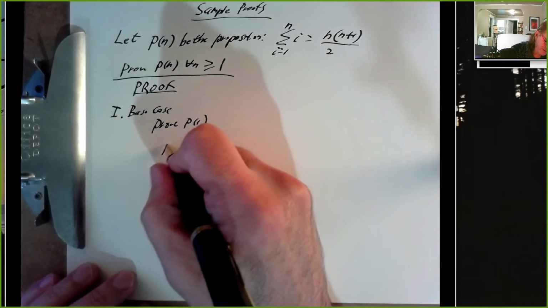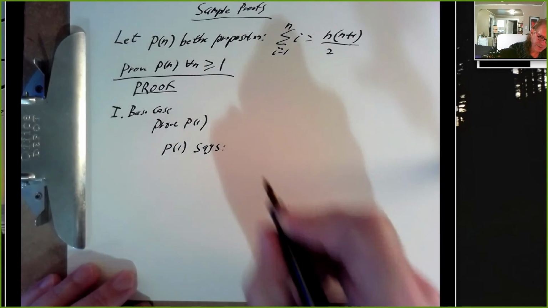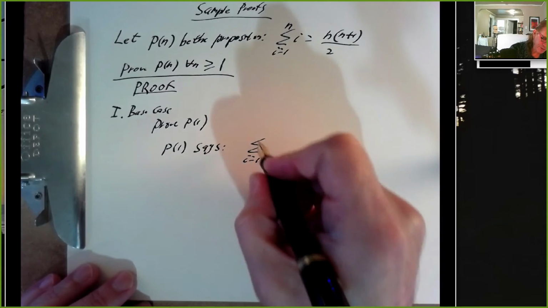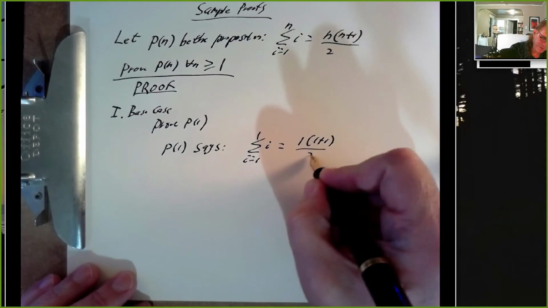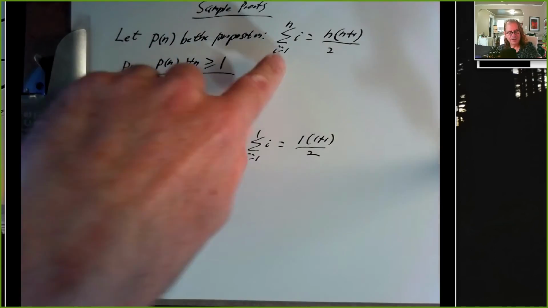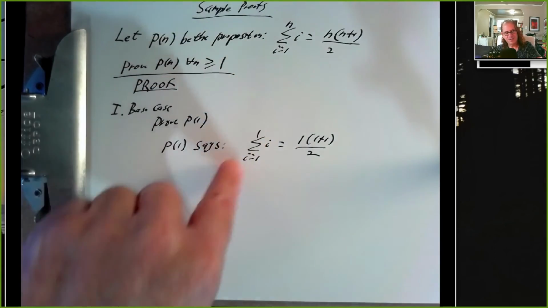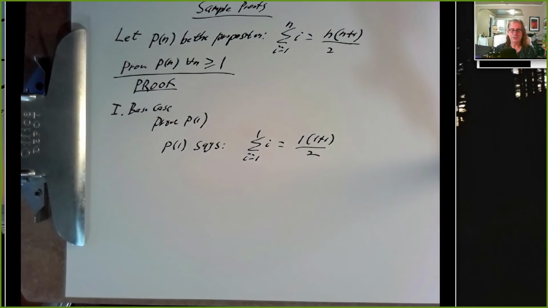I'm going to say P of 1 says the following. It says the sum from i equals 1 to 1 of i is equal to 1 times (1 plus 1) over 2. Okay, all I've done is plug a 1 in for n in the definition of P of n.